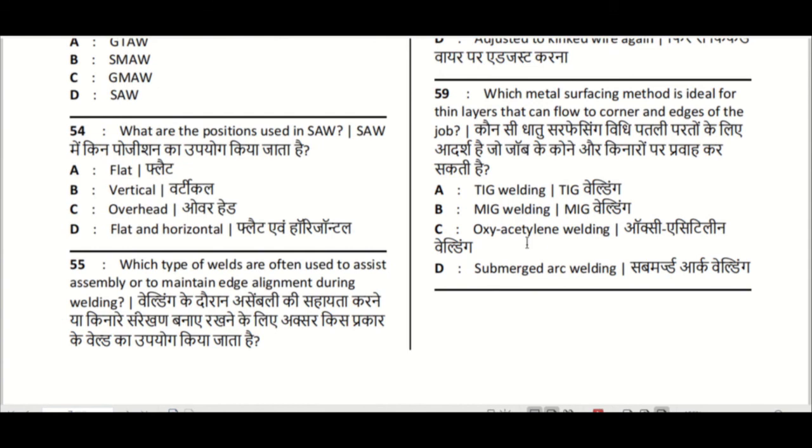Which metal surfacing method is ideal for thin layers that can flow to corners and edges of the job? Answer is oxyacetylene welding.